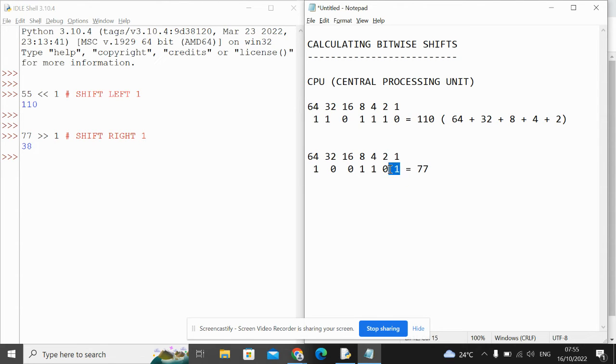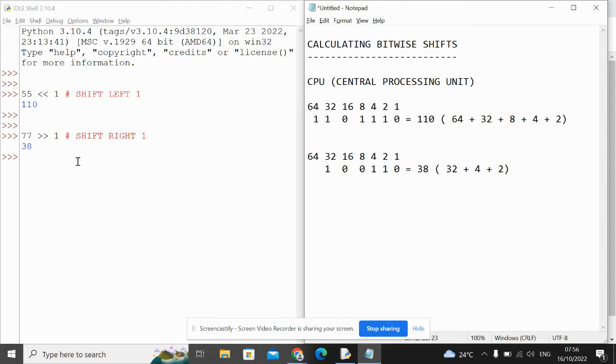So what happens now is this one bit gets lost, or the word is truncated, and the bits now all move down one place. So if we now calculate this number, you'll see that it's 32 plus 4 plus 2, which is where the answer 38 comes from.